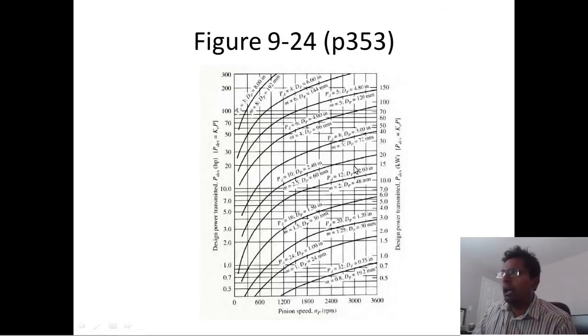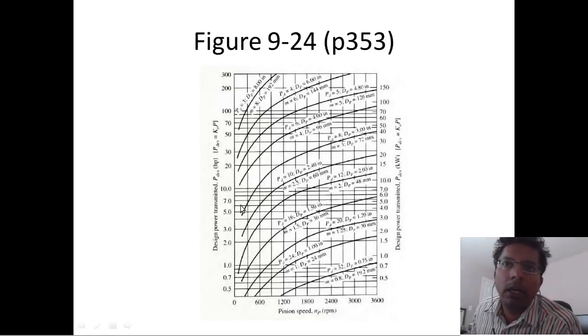Recall, we're going to look at this figure. We have an input power of 5.25 horsepower. So this is 5, this is 7. Keep in mind, this is in log scale. So somewhere here between 5 and 6, 5.25 is going to be somewhere over here.